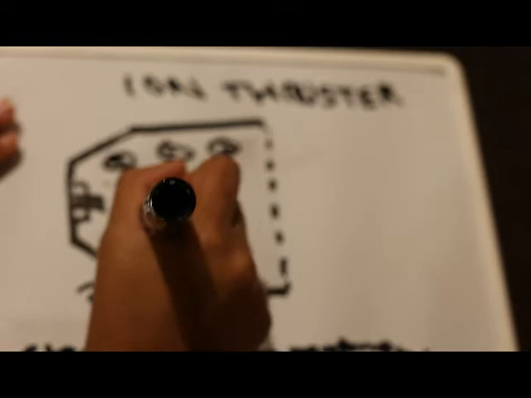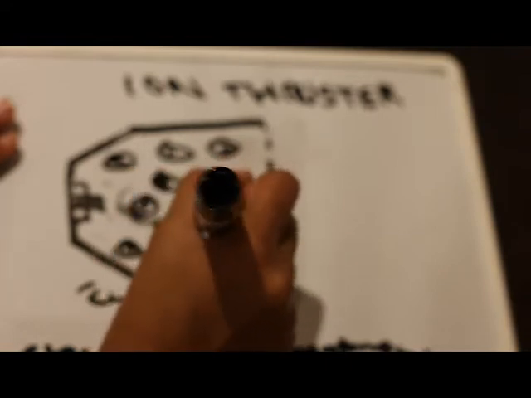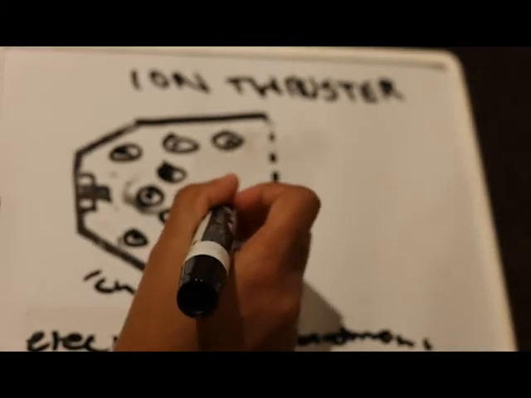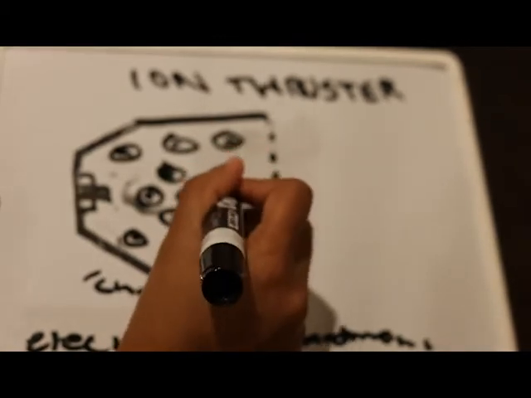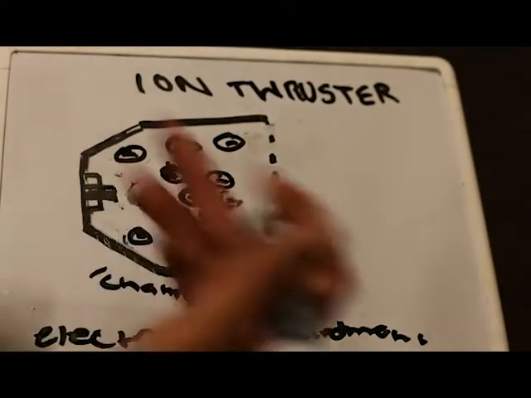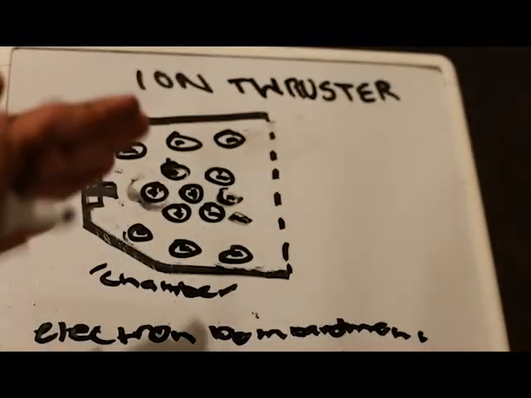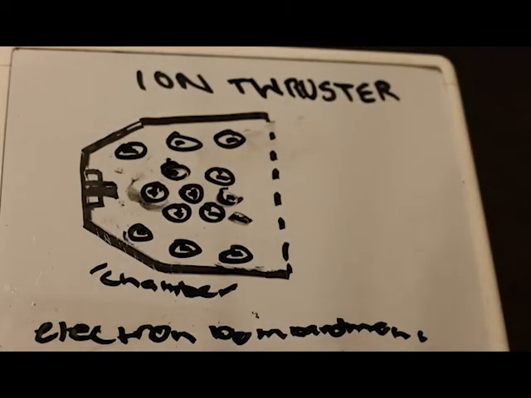And so this causes it to separate into positive ions and negative ions. So here we see that. And the negative ions are going to be pulled to the side of the chamber because there are magnets keeping it in place so it doesn't leave the chamber.